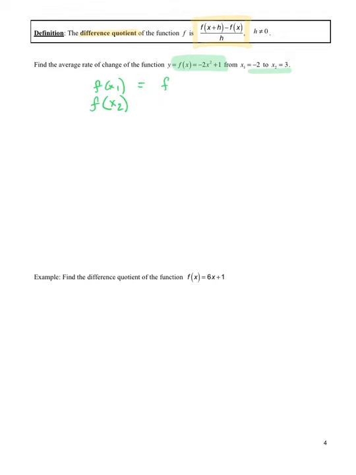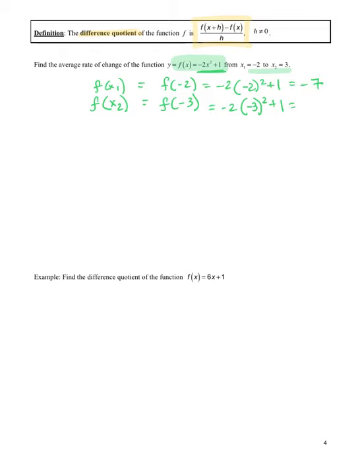So that would be f of -2 and f of -3. Then I'm just substituting into this function the different values of x. So -2 times -2 squared plus 1. And -2 times -3 squared plus 1. Well, -2 squared is 4. 4 times -2 is -8. -8 plus 1 is -7.